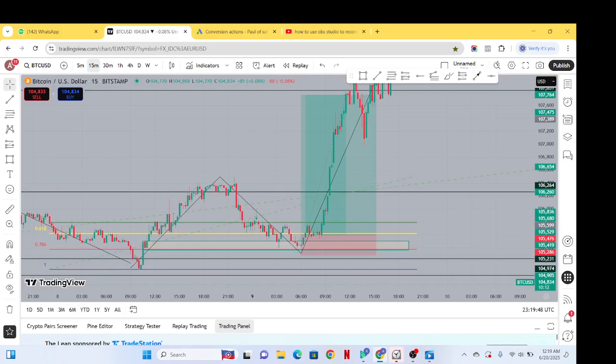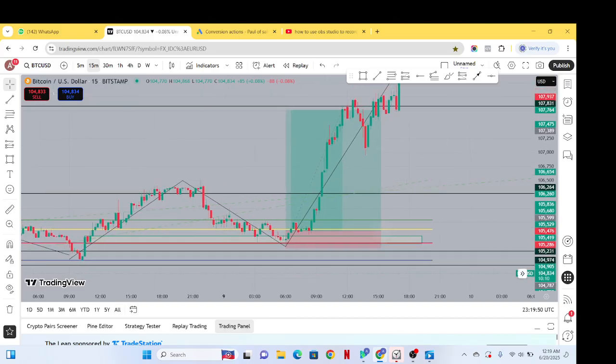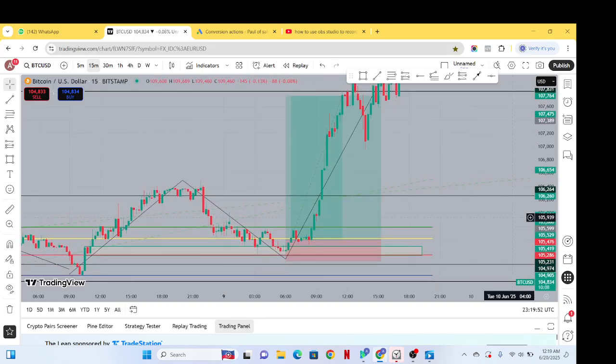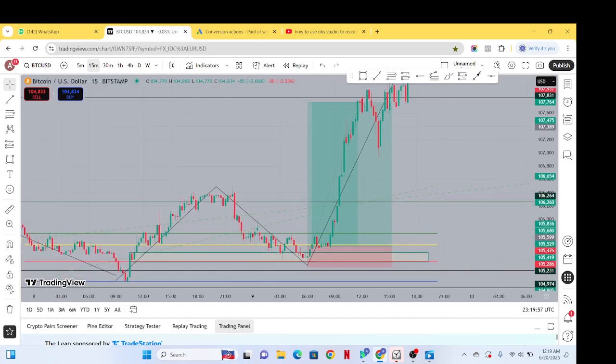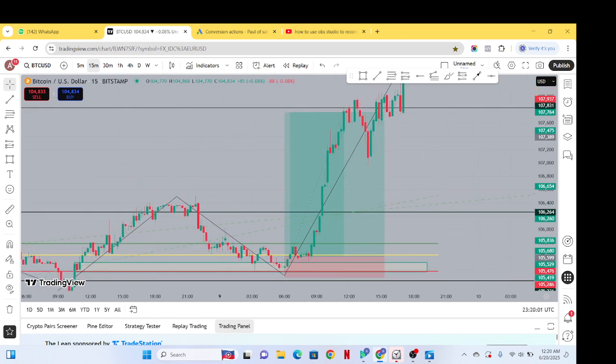I don't think I can show you all that tonight, but let me just show you this. At least I try. So this is the point where I take my entry, and what happened after? I caught over 2,000 pips, 2,165 pips.